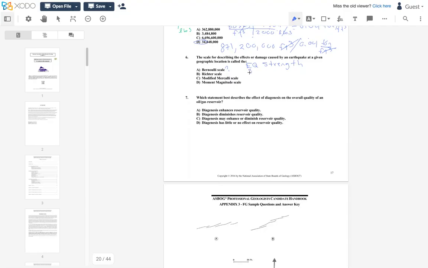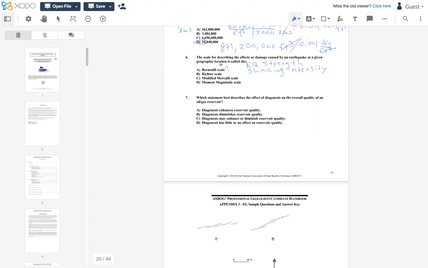So shaking intensity. And then D, moment magnitude scale. Well, that uses the measure of an earthquake's magnitude based on its seismic moment.